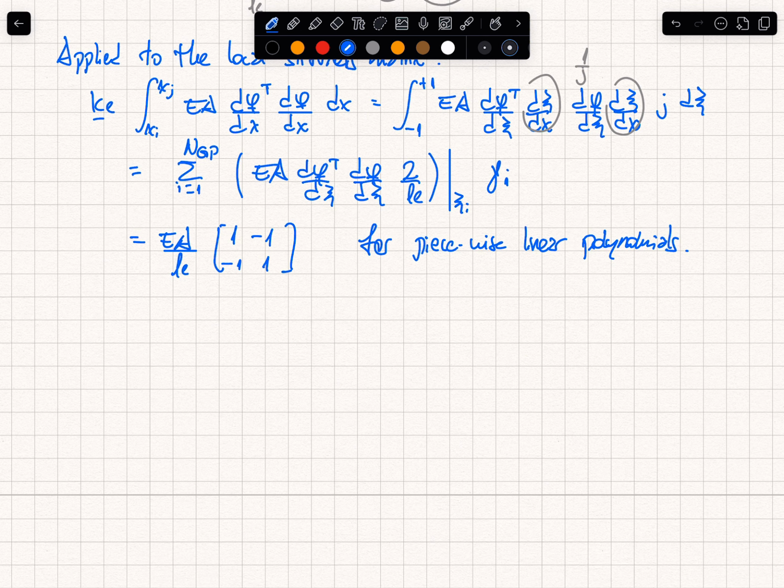As I said, for this case and this case only, this is the case where we get exact integration, because we can integrate polynomials exactly. Every time that we're doing numerical quadrature on polynomials, we can integrate them exactly.